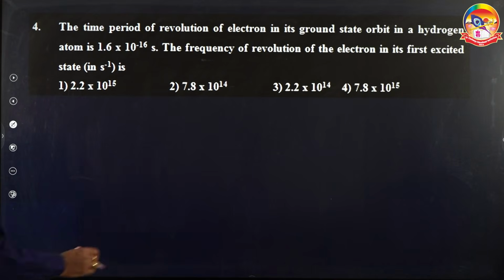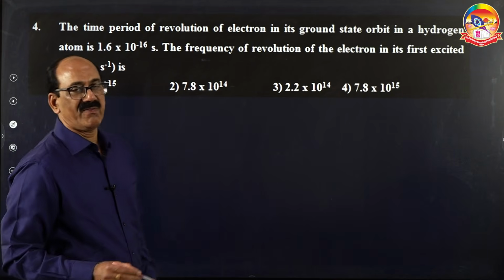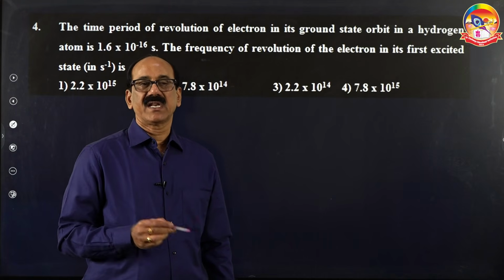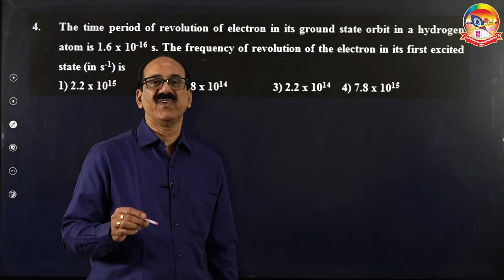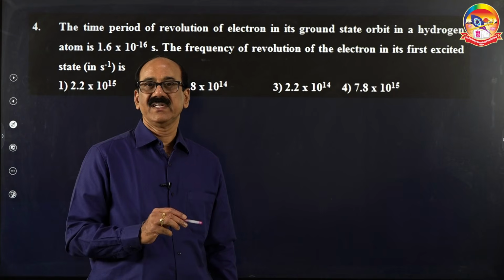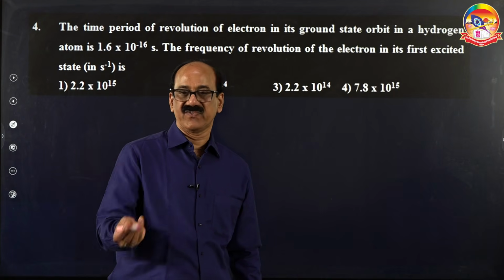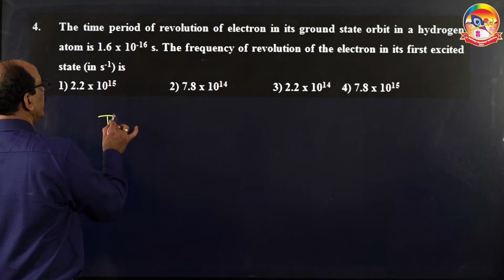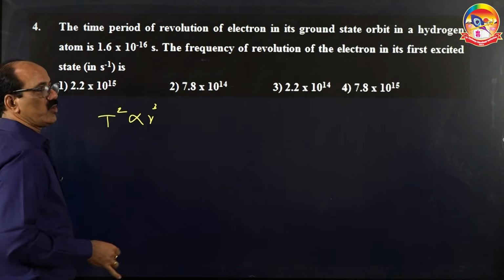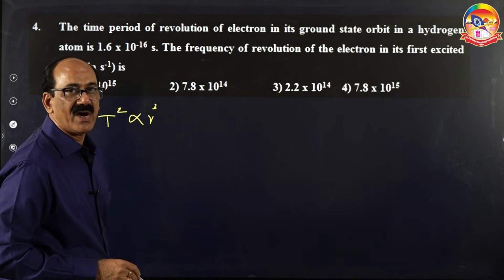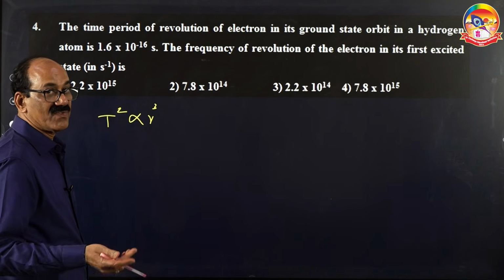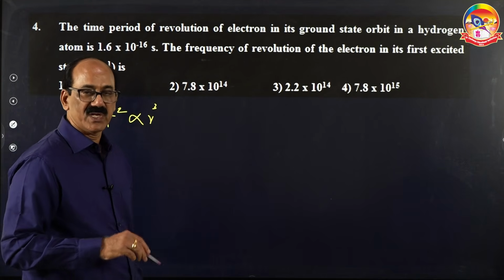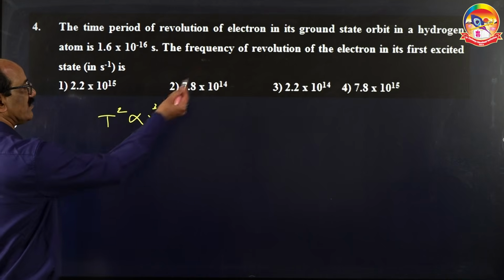So here, the time period of revolution: whenever a particle is revolving around another particle under the influence of a centripetal force which varies inversely as the square of the distance, that is, if the centripetal force obeys the inverse square law, then as in gravitation we can write T square is directly proportional to R cube, where T is the time period of revolution and R is the radius of the orbit in which it is revolving. It is valid for satellites revolving around the earth, and it is valid for an electron revolving around the nucleus in the hydrogen atom, as we are discussing.